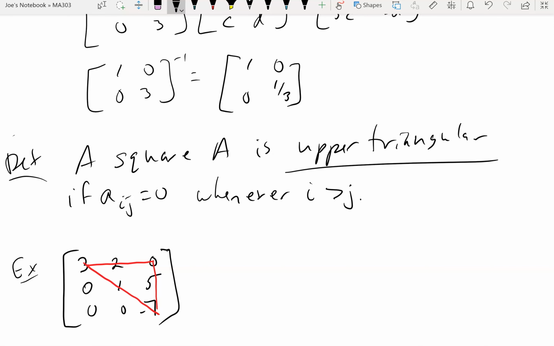Row number bigger than column number. Does that make sense? That was why I went with the example first and then wrote the definition, so you could really see an honest-to-goodness example of why the definition is the way it is. How's the definition going to change for lower triangular, do you think?